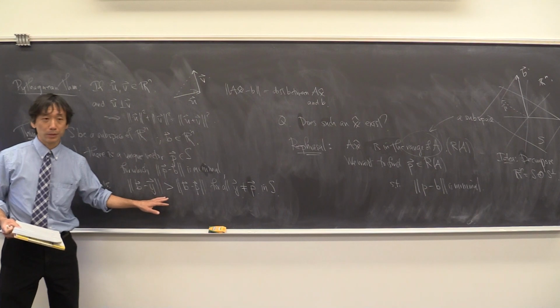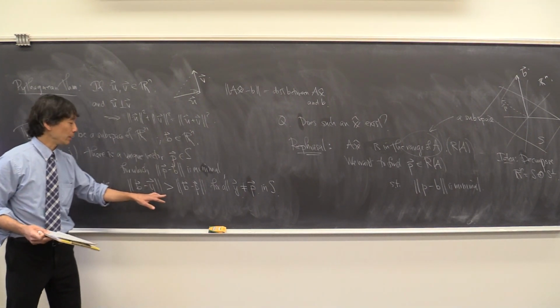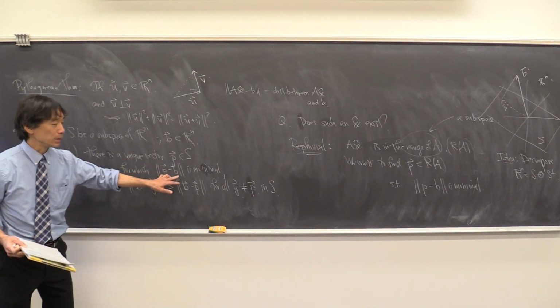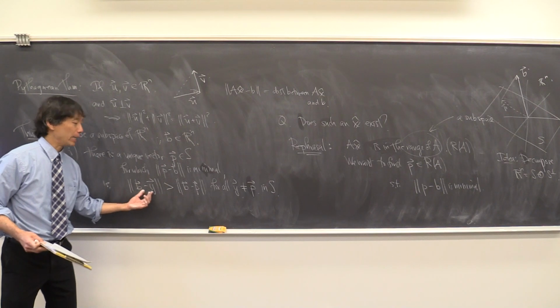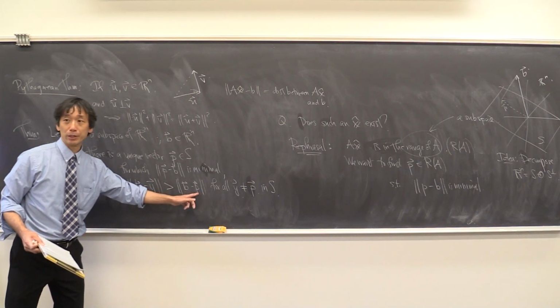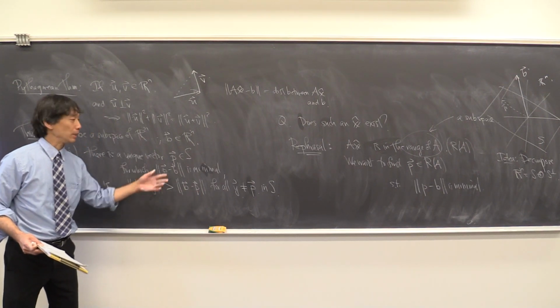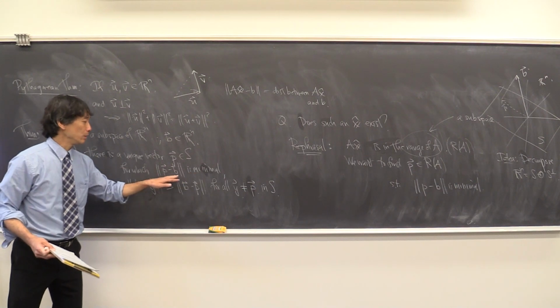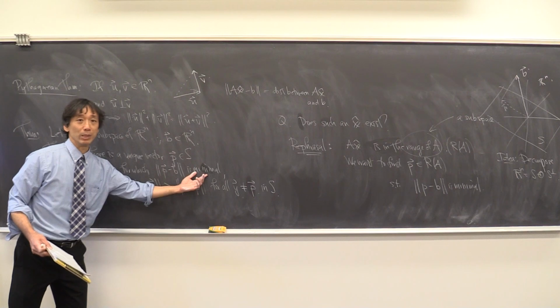Okay, is this making sense? It's saying that the distance from p to b is less than the distance from y to b. So if you choose any other vector other than p, you're going to get a bigger distance. That's just formally saying mathematically that this distance is minimal.